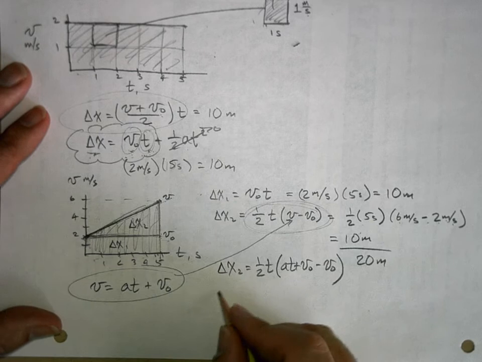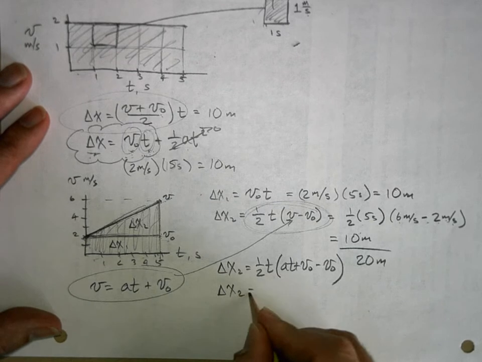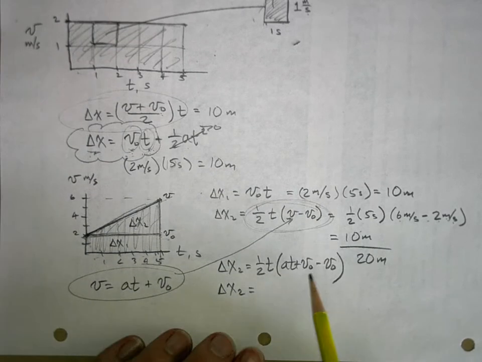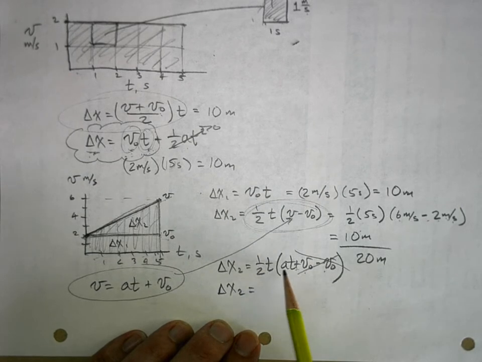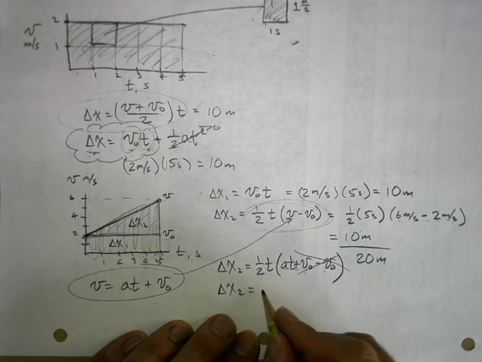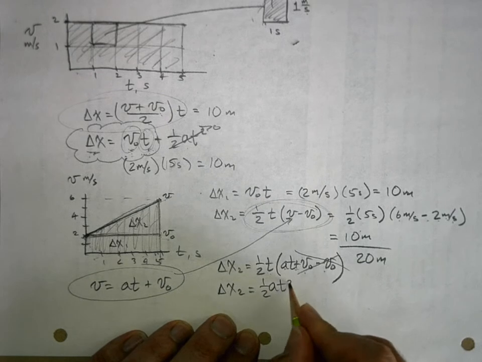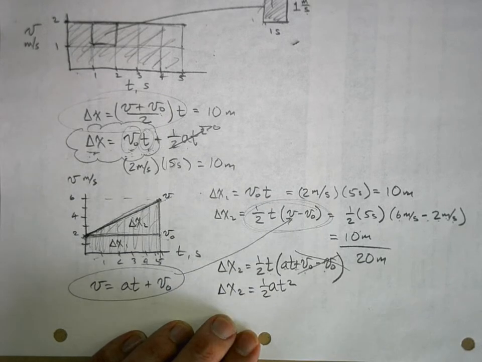Well, what is delta x2 equal to then, just generally? Well, what is v naught minus v naught? 0. So that stuff goes away. So I've got 1/2 t times at. What is that? Well, that's 1/2 a t squared, which we've seen before.